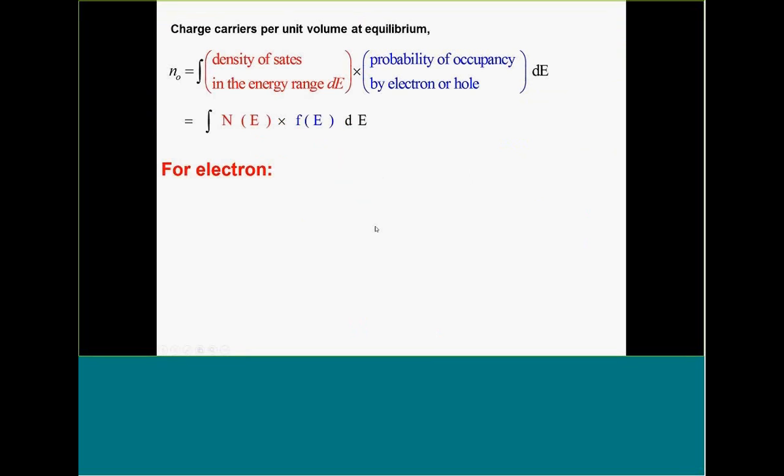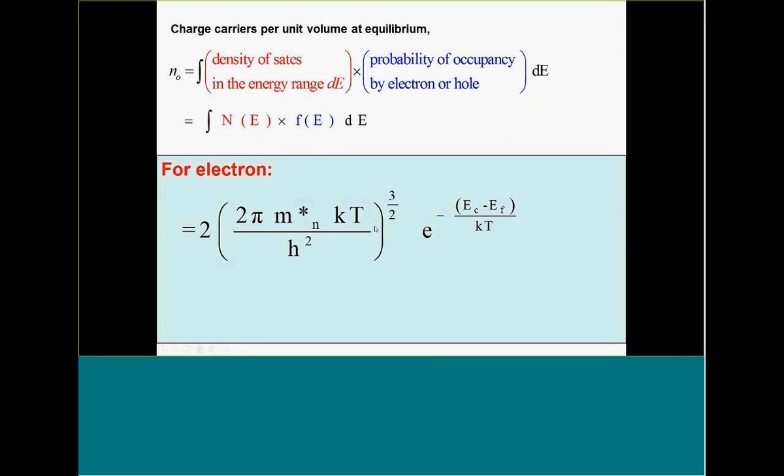So for electron, to make things simple rather than this whole integration expression, we can write N0 as this expression, with our Boltzmann Fermi-Dirac approximation. This expression is called the effective density of states at the electron at the conduction band edge.